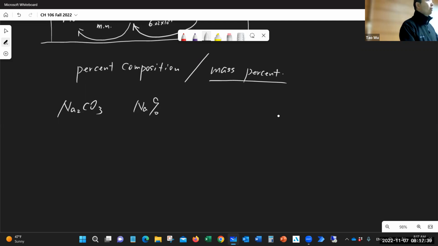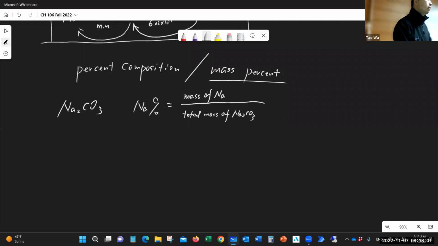Then this gives you the mass percent of the sodium, right? So the sodium mass percent is the mass of sodium divided by the total mass of the sodium carbonate. So this is how we get the mass percent.